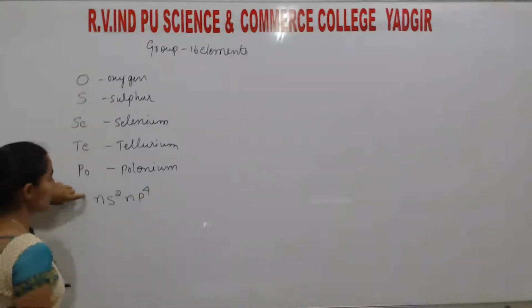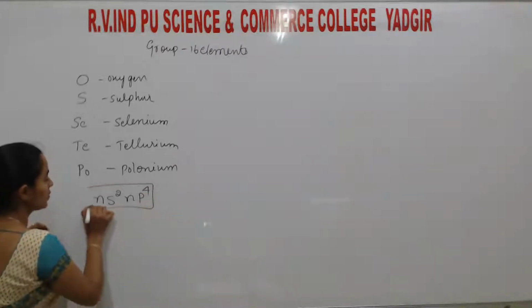So students, its general electronic configuration is ns2 np4. The general electronic configuration of this group is ns2 np4.